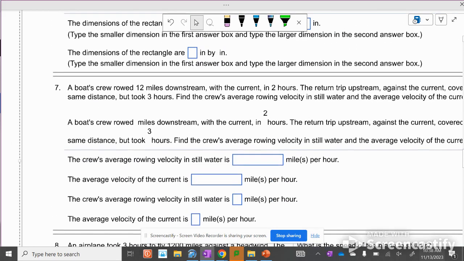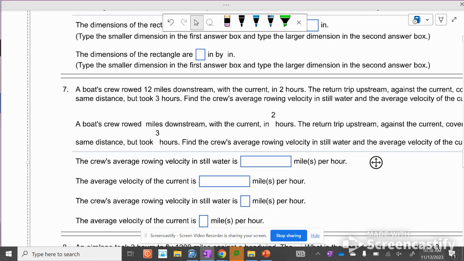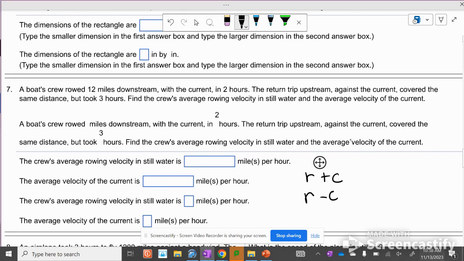Okay. A boat's crew rowed 12 miles downstream with the current in 2 hours. Okay. So you have their speed of rowing plus the current, and then when they come back upstream, it's their rowing minus the current. Okay? So if they rowed for 2 hours, their rate times time equals their distance.